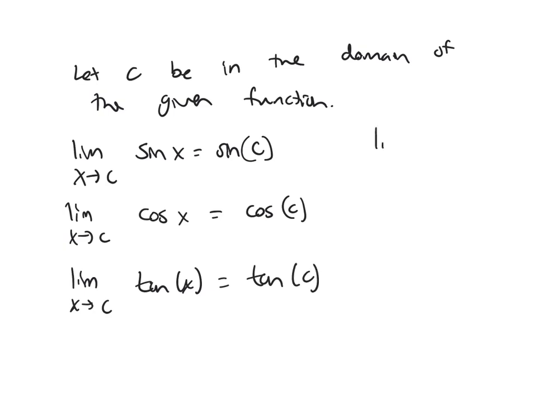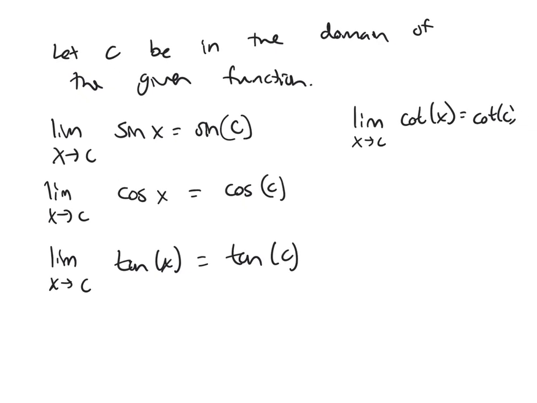And then you have something for the remaining 3 trig functions. So cotangent would be cotangent of c. Again, as long as you're in the domain of the function, you can just evaluate.